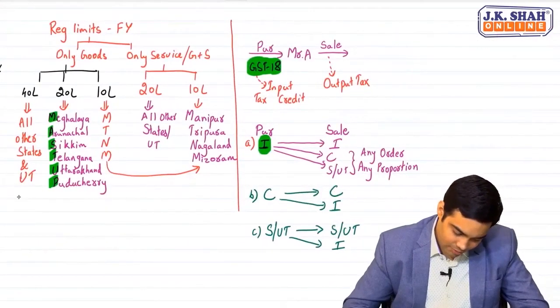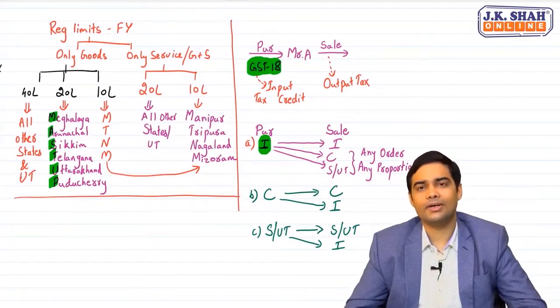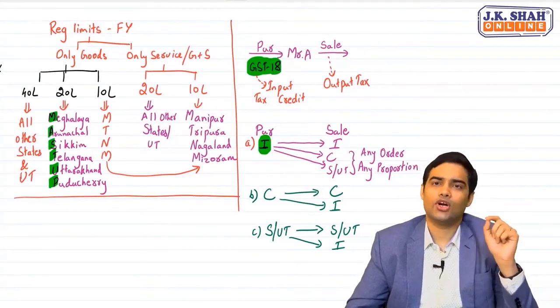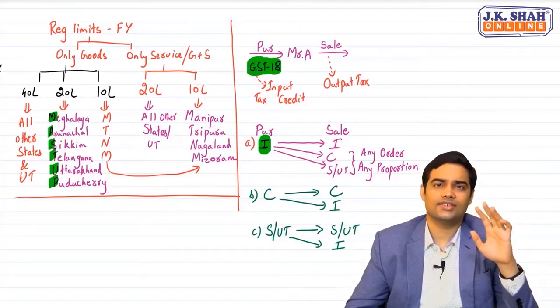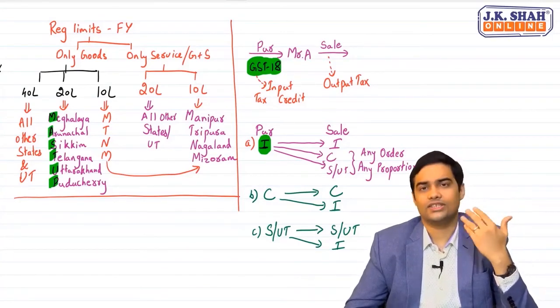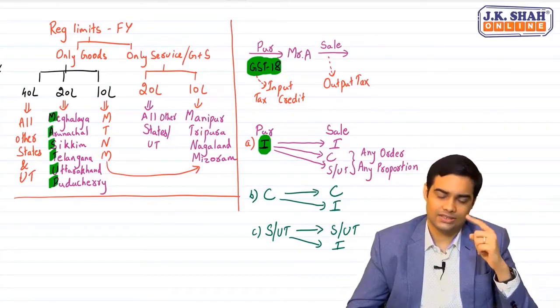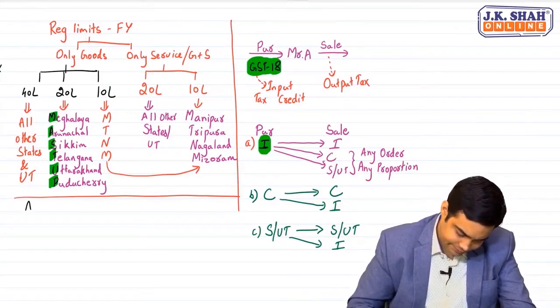See, when we talk about taxability of various goods and services, remember that 6 products are outside GST. All other goods or services are leviable to GST. Now, which are these 6 products? First one, alcoholic liquor for human consumption.